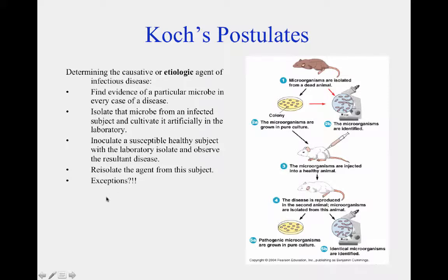It may be that the pathogen that we find in the end is slightly genetically different from the one we initially were working with. So there are changes over time, which we call mutations, that can be beneficial or detrimental to that particular organism or pathogen. So remember these exceptions, they are important, and let's give Robert Koch some credit.